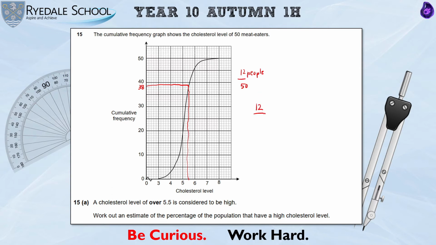So we need to turn 12 out of 50 into a percentage by doubling the numerator and denominator. So that becomes 24 out of 100, so 24%. But that would be based off the value that you read on your graph, and there's always a little margin for error, which is about half a square's worth.